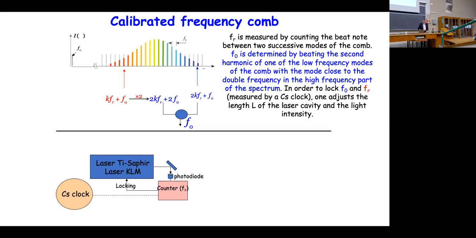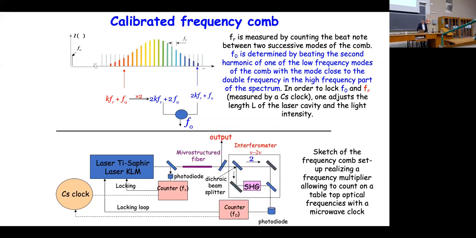Okay, once you have done that, you still have to fix F0. So how do you fix F0? Through the second output of this beam splitter you have light going here, and you send this light through the microstructured fiber. So this is a fiber which will give you all the harmonics, all the frequencies of the comb. And you arrive here, and part of the light is going out.